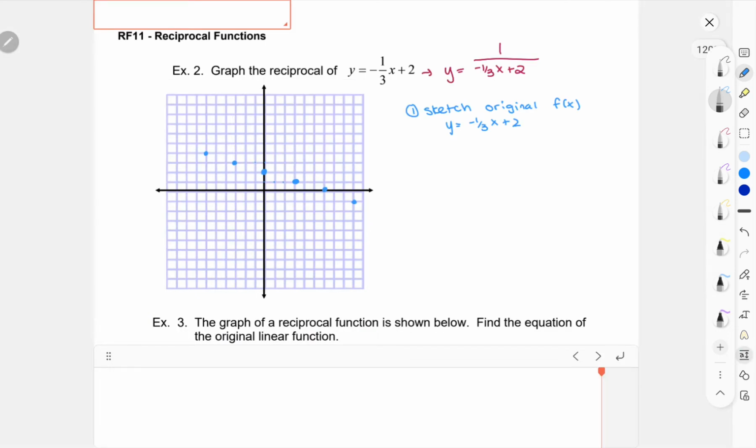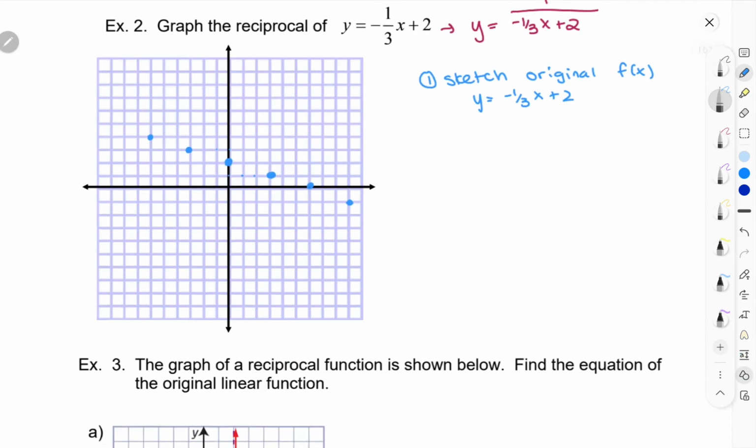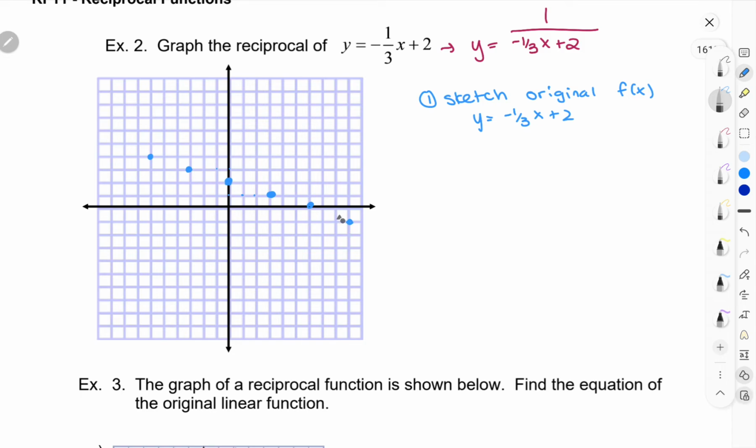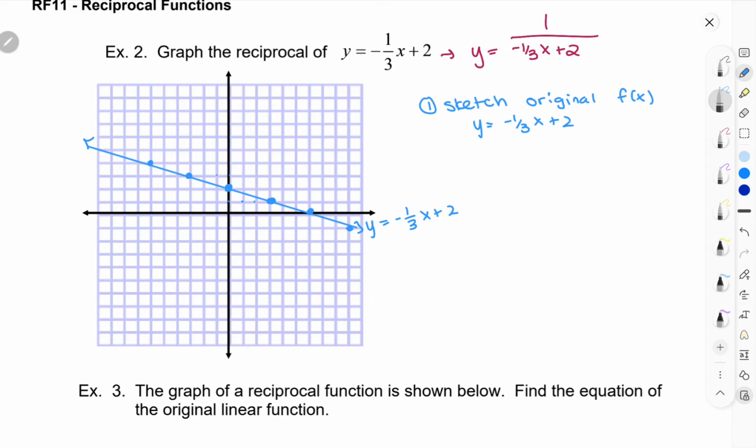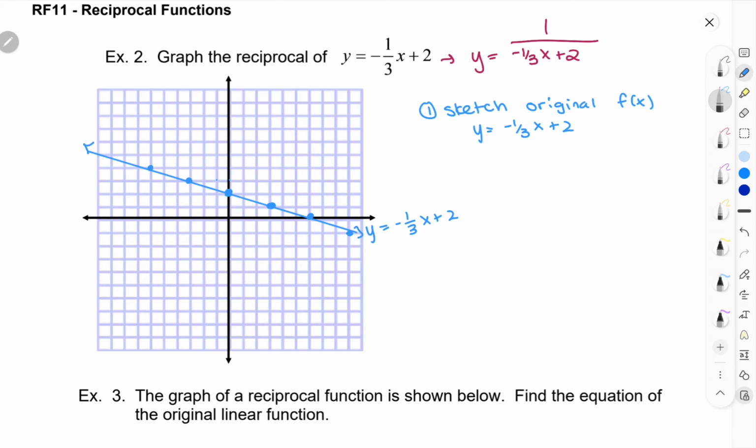Connect it as best as I can. There we go. And so this is y equals negative 1/3 x plus 2, right? This has nothing to do with my reciprocal function, but it also has everything to do with my reciprocal function.